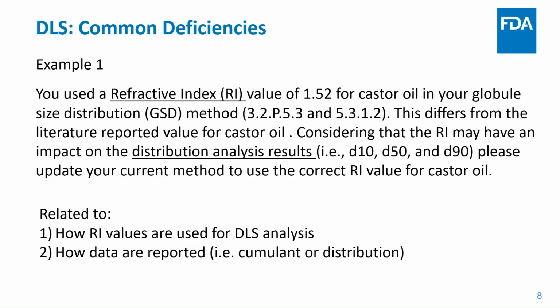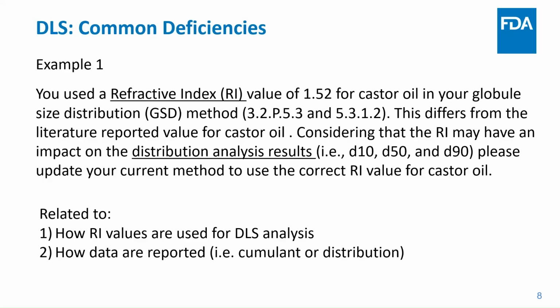So just keep in mind that for size analysis based on the cumulant, the first principle direct analysis, you do not need to know the RI value. But if you are using distribution analysis, which involves much more complex calculations, then it's better the applicant knows what they are actually doing.